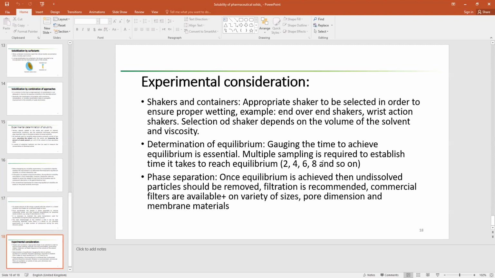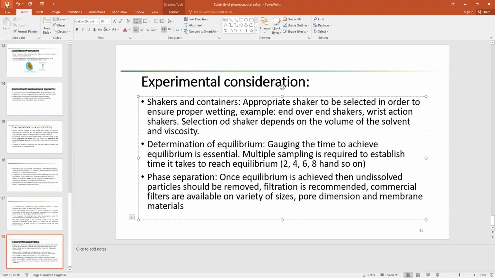Is it 2 hours, 8 hours, etc.? For the phase separation, which you may think is also a very basic technique, even the filtration, which is highly recommended for this step, there are different commercial filters available on the market. They have different sizes and pore dimensions, and the membrane materials sometimes affect our experiment. So you really need to understand all these factors and determine them all before starting your experiment.